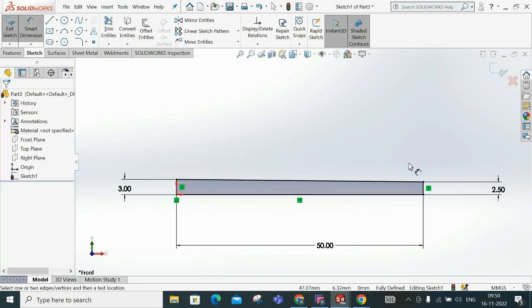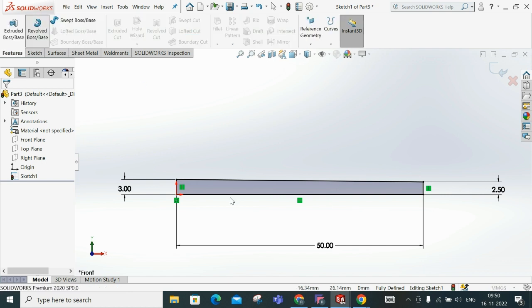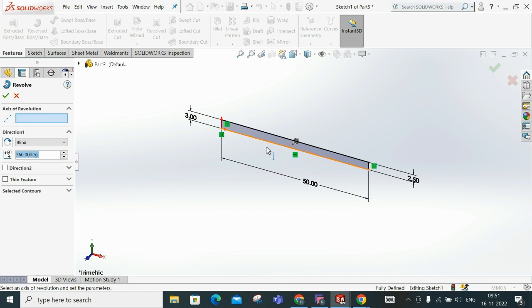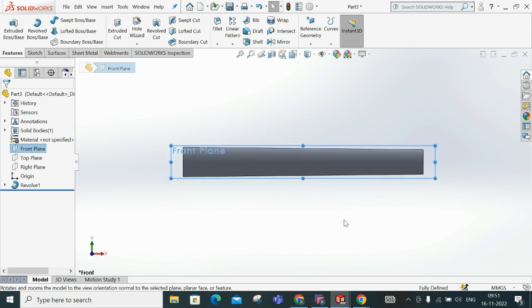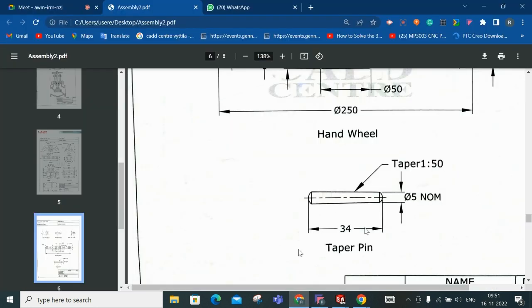Now I'm revolving this. You see, now the length of the taper pin is 50, right? But for our purpose, it is only 34.